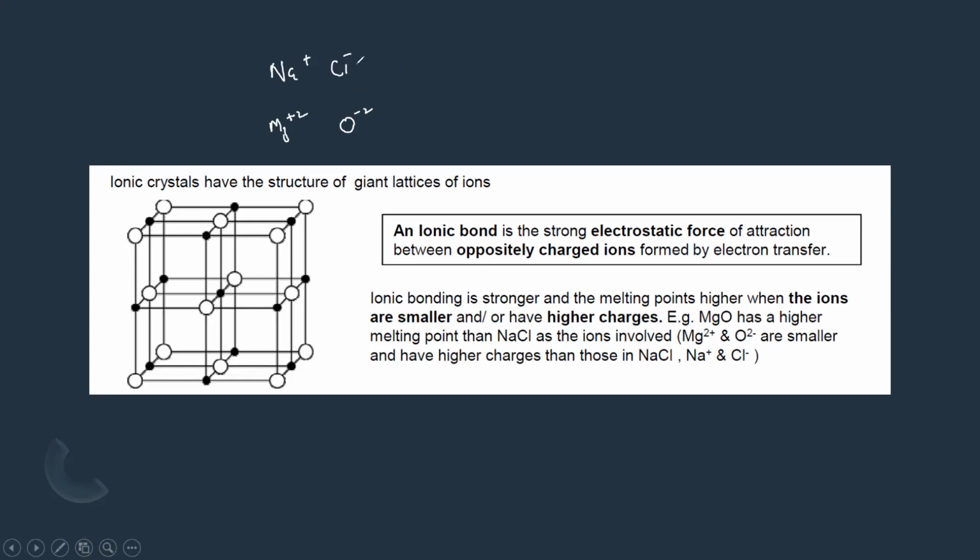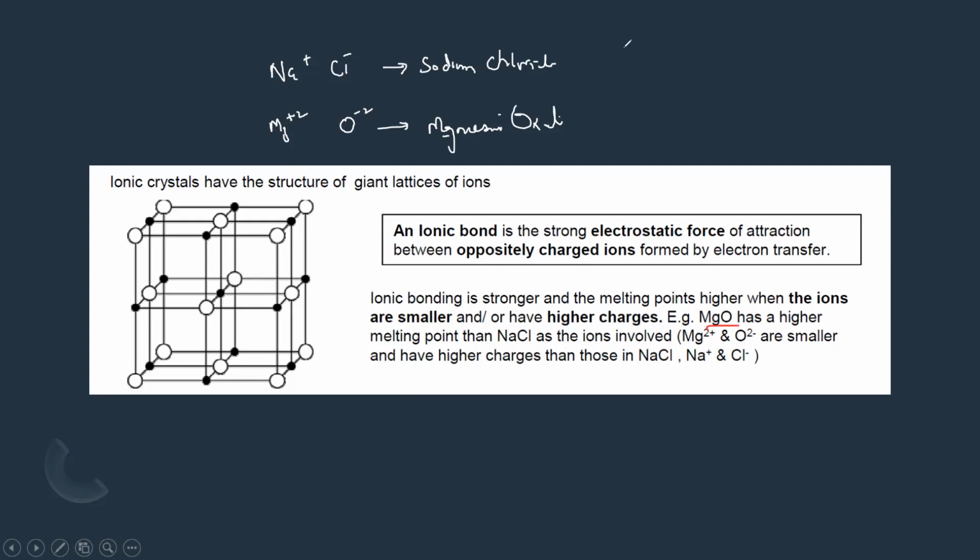Magnesium oxide will have a higher melting point. Why? Because the ions are smaller and their charge is greater. That's why magnesium oxide will have the higher melting point.